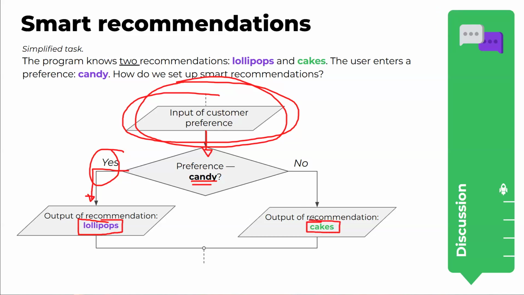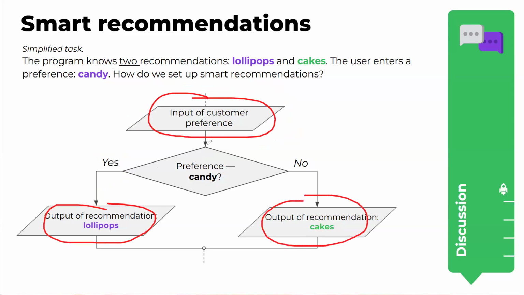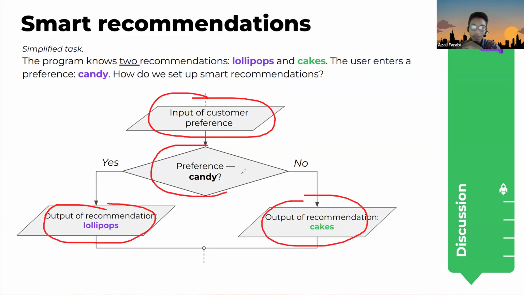The question is, Brian, we've known how to use the input function, and we have also learned how to print something, right? The main question is, how could we build this block of code? How could the program know that this is candy or that's not candy?